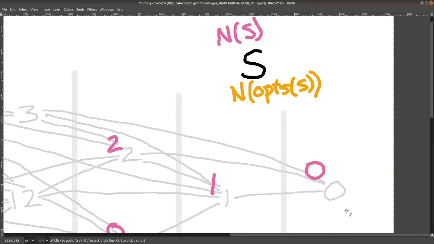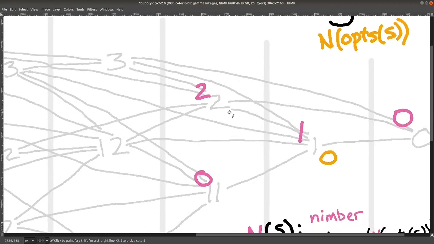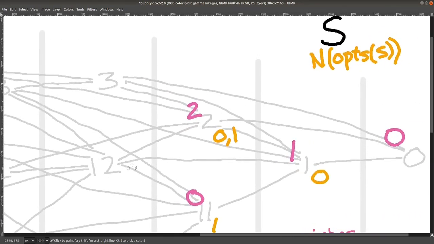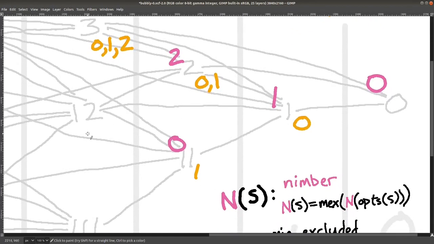This one doesn't have any options, so there's nothing there. This one only has an option of 0. This one has an option of 0 or 1. This one only has an option of 1. This one has options of 0, 1, or 2. This one has options of 2, 1, or 0.